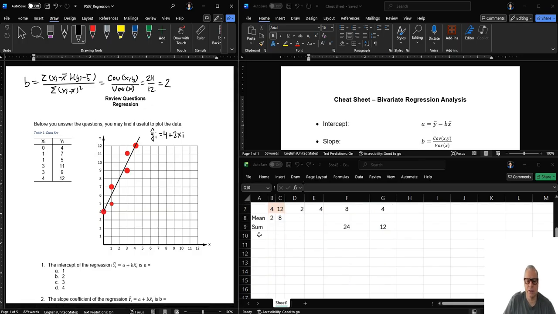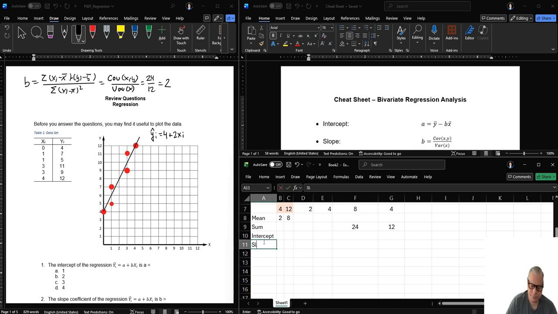Okay, so that means we can already write intercept and slope, and we know the slope is equal to the 24 divided by the 12.